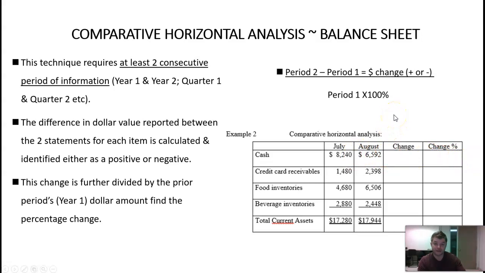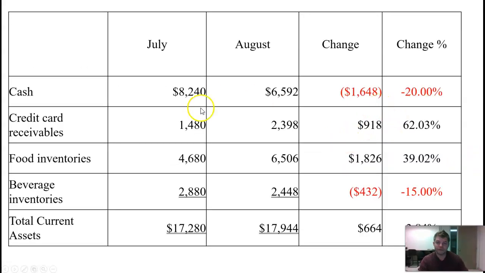And it's best shown by example. So here we are, we have that cash. Period 2 minus period 1 gives us that $1,648. Then we take that $1,648, divide it by 8,240, multiply by 100 to get the actual percentage, or just move the decimal places over 2, and that will tell you that our change is negative 20%.